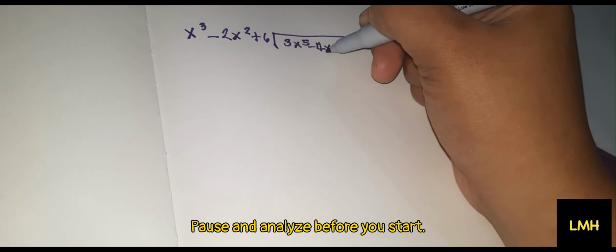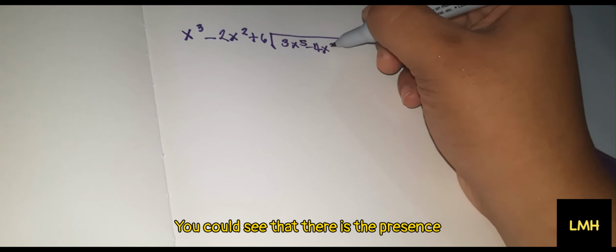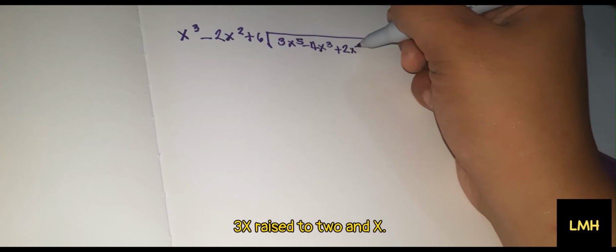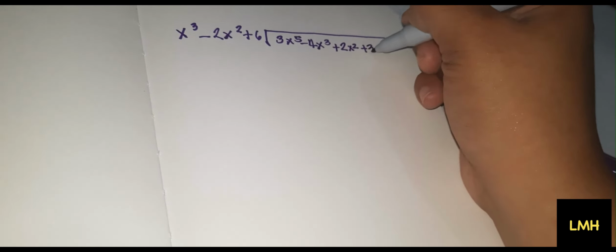By rewriting and completing the data, pause and analyze before you start. You could see that there is the presence of variables x raised to 5, x raised to 3, x raised to 2 and x.